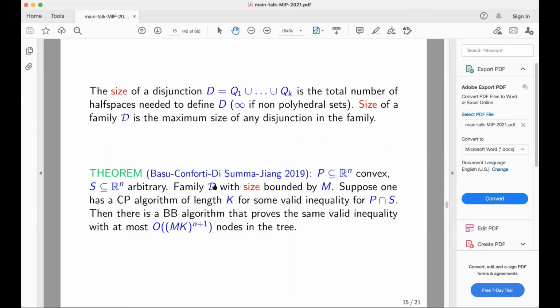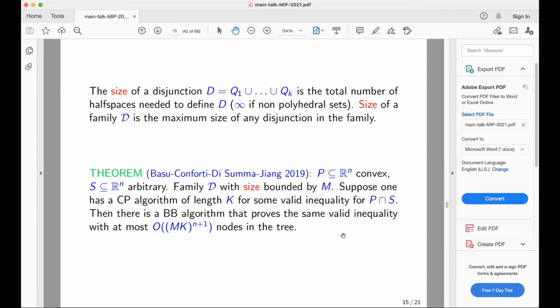So suppose the size is bounded by m. For example, for split disjunctions, the size is bounded by 2 because I need 2 inequalities to describe any disjunction in this family. But in general, you have m, and this is a theorem which applies to more general non-convexities. So S is not necessarily just a mixed integer lattice, it can be a general non-convexity.